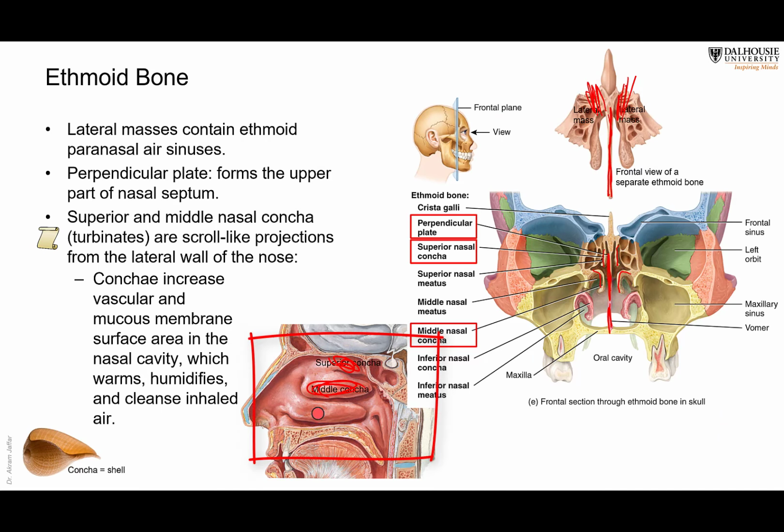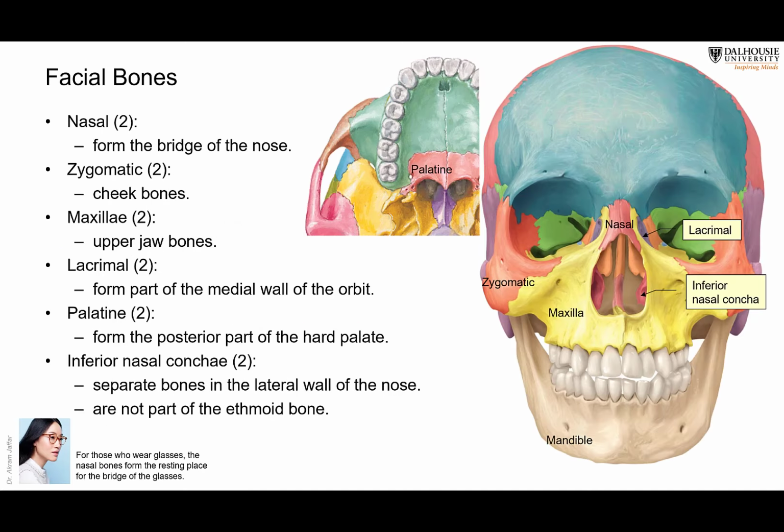This is the inferior concha. I omitted it because this is a bone by itself, and this slide was dedicated to the ethmoid bone. The superior and middle concha are part of the ethmoid bone. But the inferior concha, the other, bigger shelf on the lateral side of the nose, is a bone by itself, considered part of the facial bones.